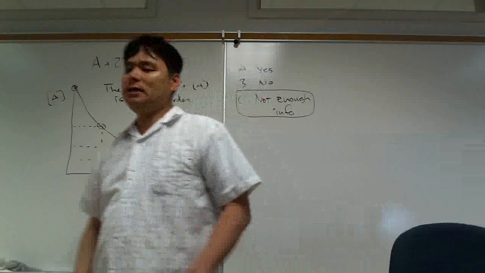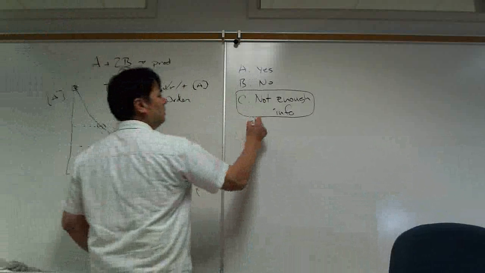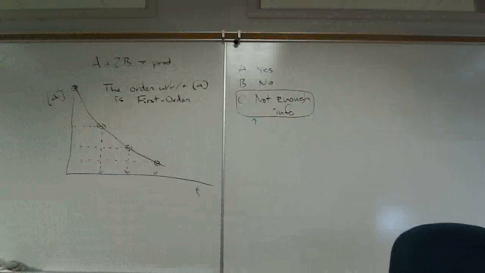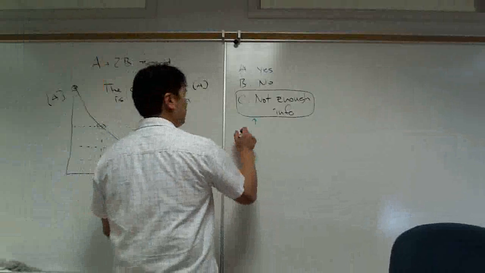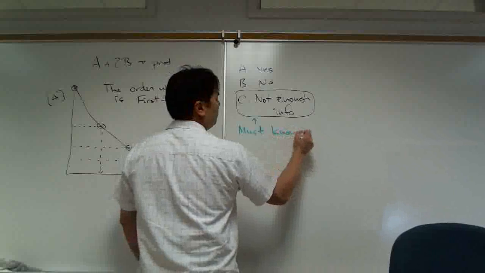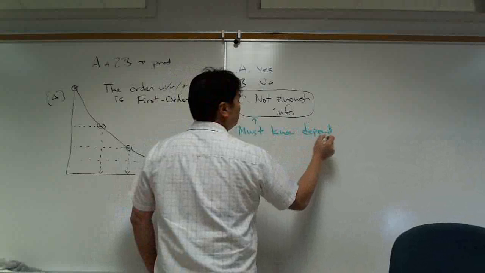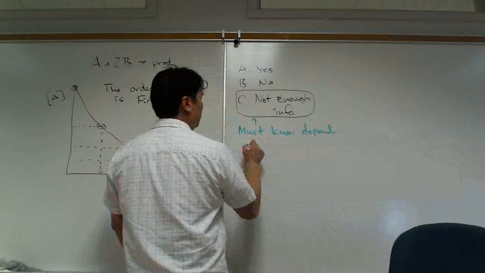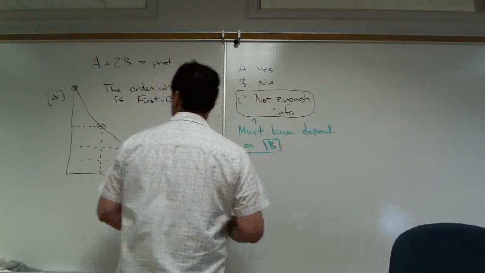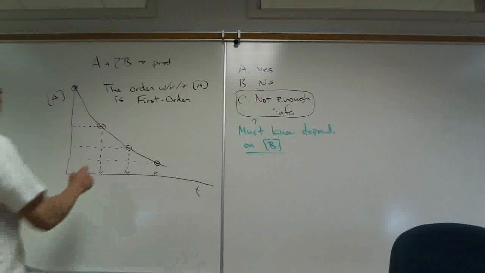And so what we see here is this. When we have multiple reactants, we need to know the influence of both A and B. And so we must know the rate dependence on the concentration of B. That's the piece of information we're missing, because what we see is the composite effect.